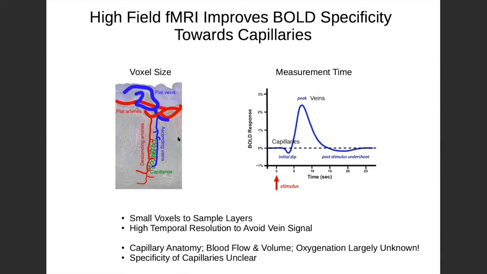But if it is about layered fMRI, there are still a lot of very fundamental questions. You can do columnar fMRI if you really press on it. Concerning layered fMRI, the question is still today whether the capillaries themselves are specific enough to allow you to get to the level of layers.